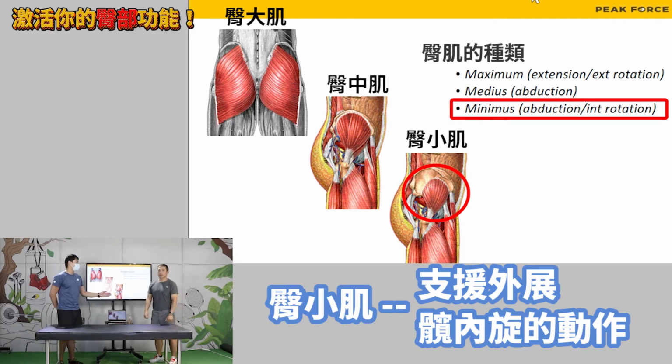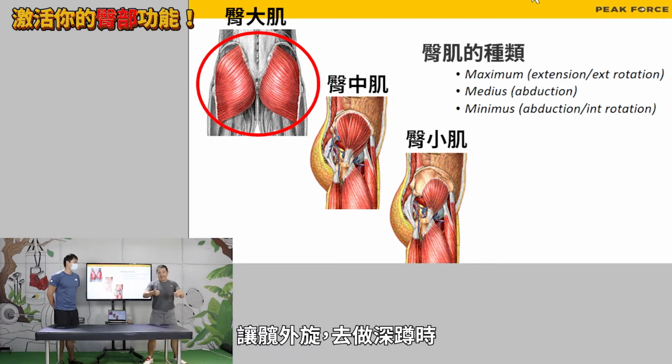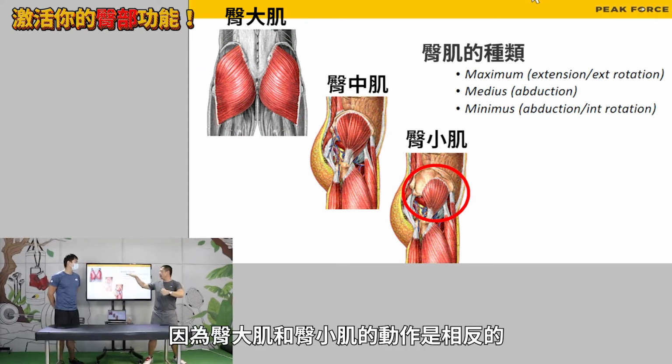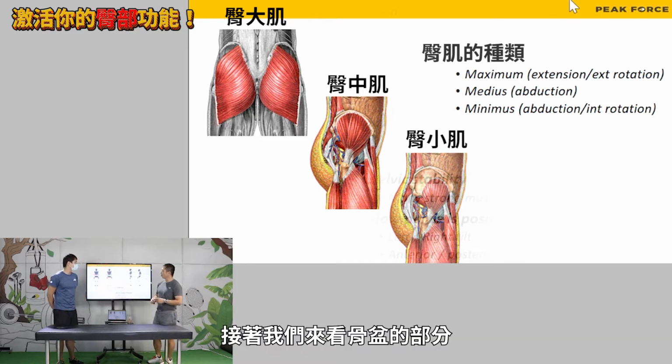So if you think about this, if you're using more glutes max by externally rotating the leg to do a back squat, it means that the minimus muscle is being stretched out, because maximus and minimus are opposites.